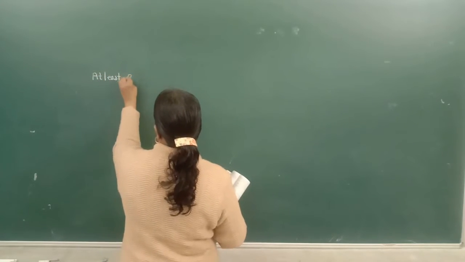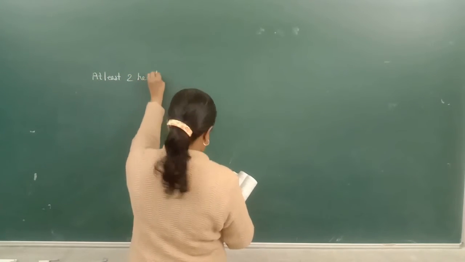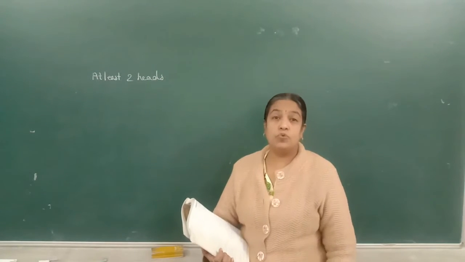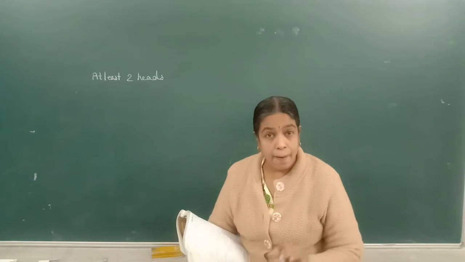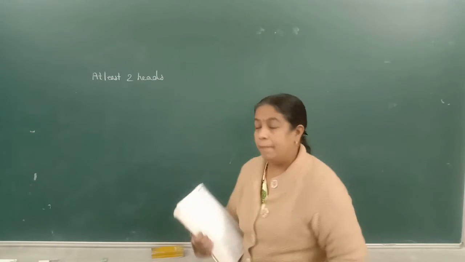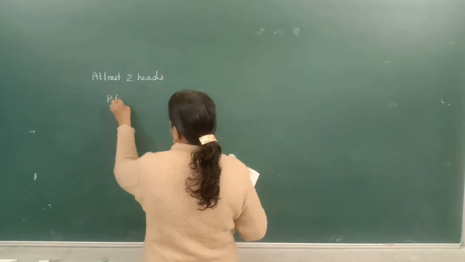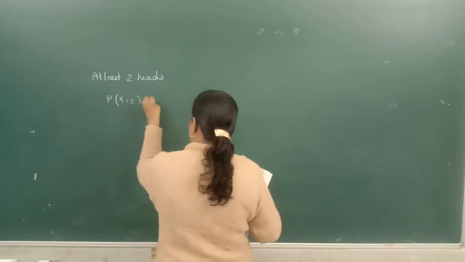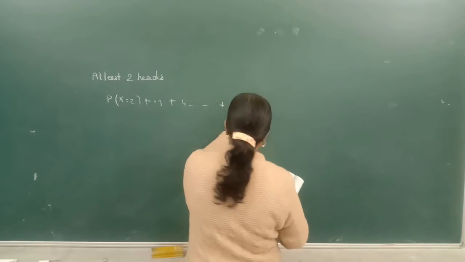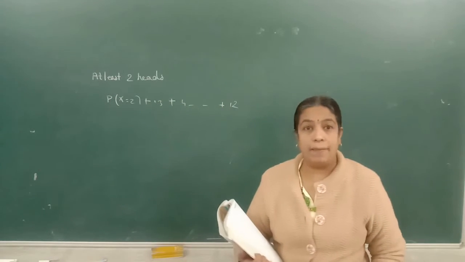At least 2 heads means 2 is definitely required, but you can get more than 2 also. Means here x is equal to 2, 3 can also work, 4 can also work, up to 12, because it is coming 12 times.